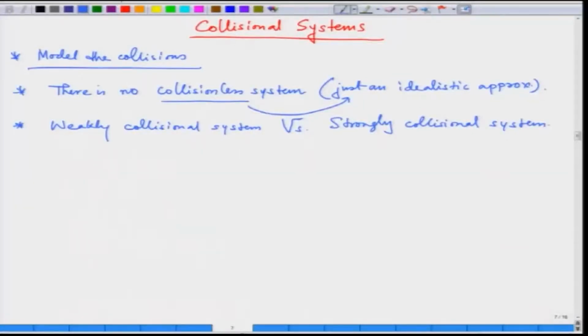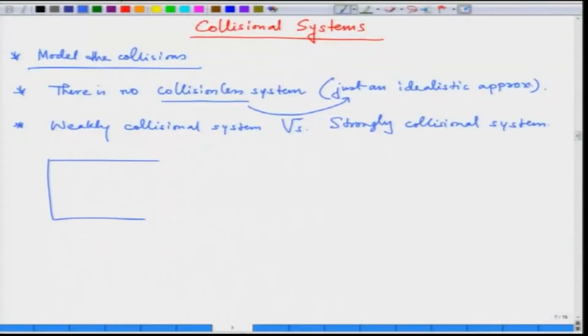So, you can easily understand that if this mean free path in a given container is very large with respect to the accessible space for moving of the particles, then the system can be thought to be weakly collisional. That means most of the time the particle is moving without collision.